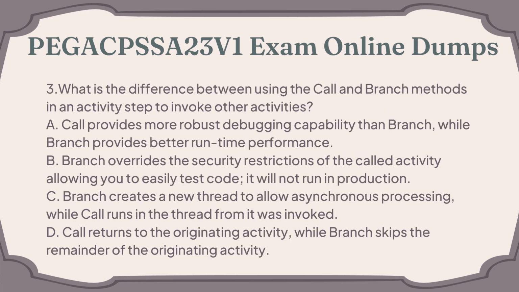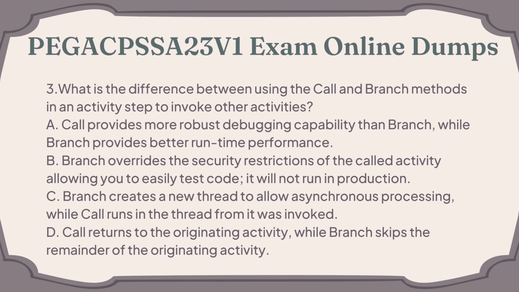3. What is the difference between using the call and branch methods in an activity step to invoke other activities? A. Call provides more robust debugging capability than branch, while branch provides better runtime performance. B. Branch overrides the security restrictions of the called activity, allowing you to easily test code.